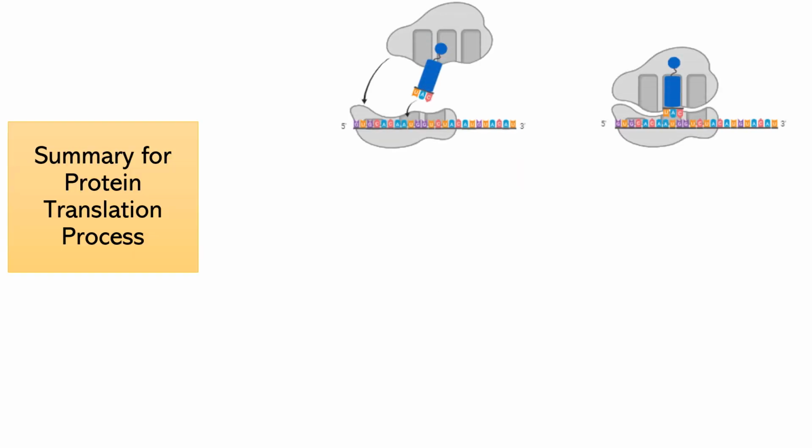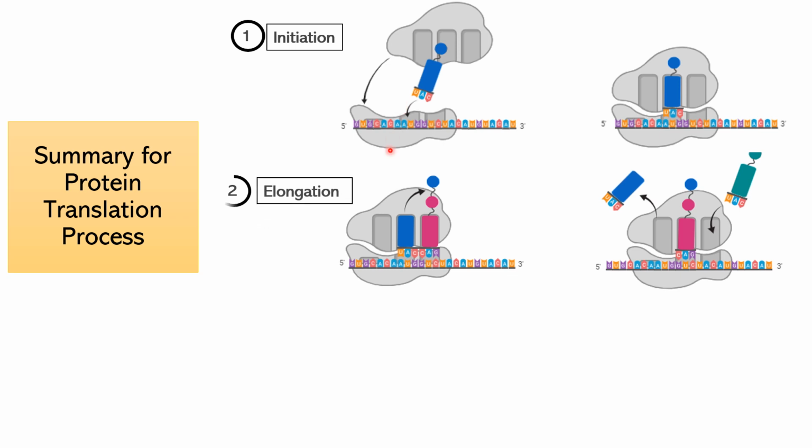Here is a summary of the 3 main stages of translation. Initiation is the binding of the small subunit to mRNA, binding of tRNA to the start codon, followed by the binding of the large subunit.